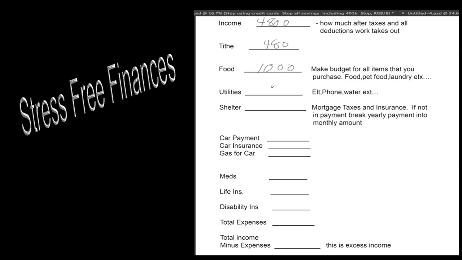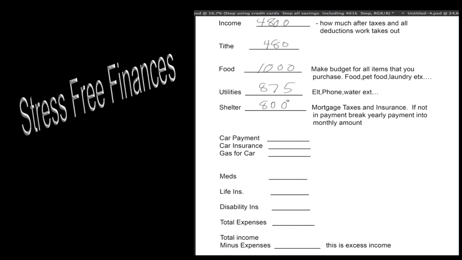Now for their utilities, that was $875. So that's just, their electric bill was $250, phone bill was $210 or $215 because that's a cell phone, and then their cable and water bill and their gas bill is all in there. So remember that. Now their shelter, they are buying, so their taxes and insurance were already in the mortgage.